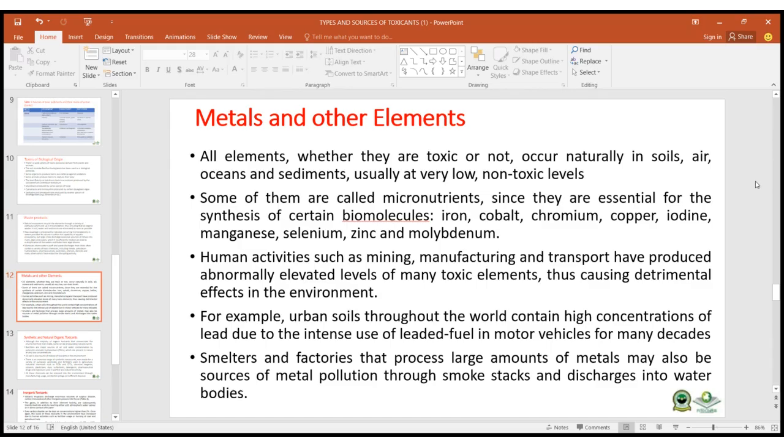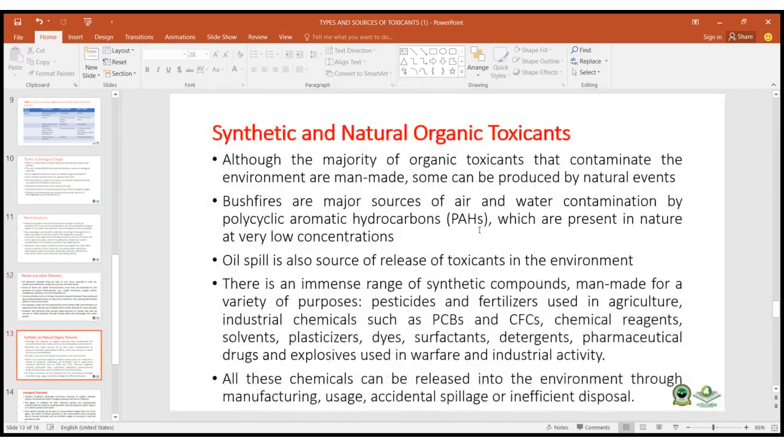And when they enter the body of the fish, they bioaccumulate. The bioaccumulation is a process whereby the concentration of these metallic substances keep increasing because the metallic substances do not degrade. So their concentrations will keep increasing. That's what we refer to as bioaccumulation.